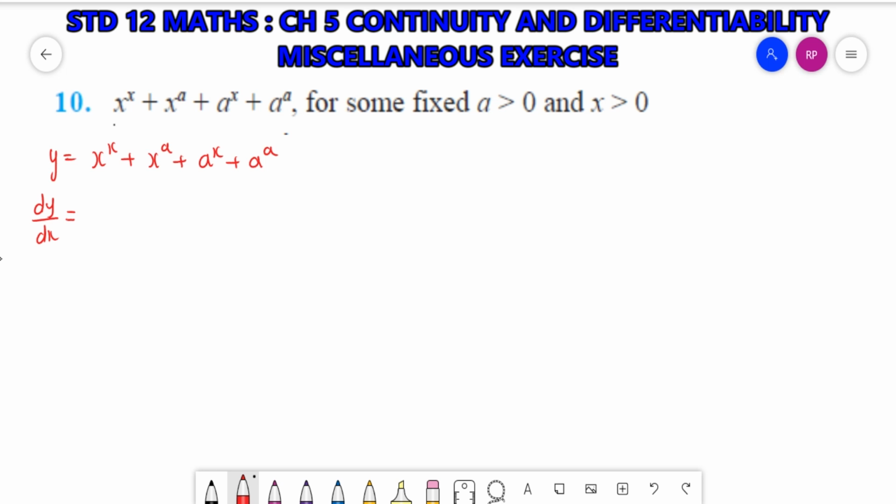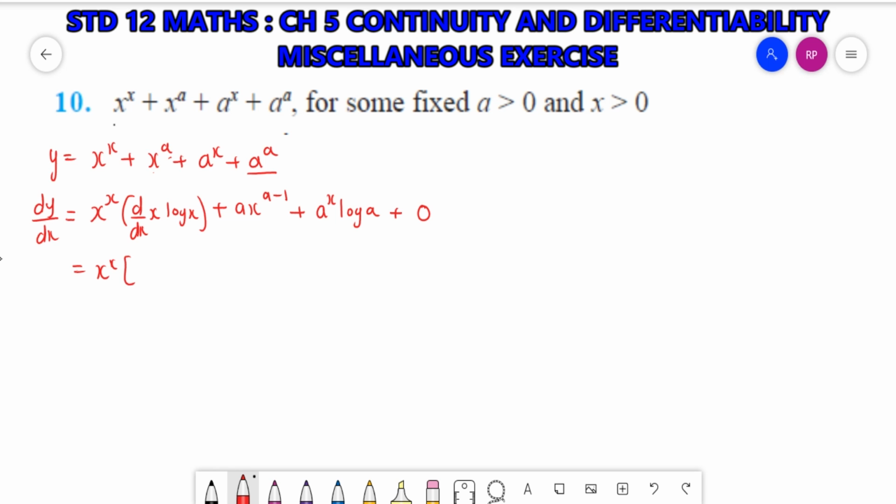We did the shortcut technique, that b raised to p into d by dx of p log b means x log x, plus derivative of x raised to a, means x raised to n gives n x raised to n minus 1, so a x raised to a minus 1, plus derivative of a raised to x, the formula is a raised to x into log a, and derivative of a raised to a is 0 because it is constant.